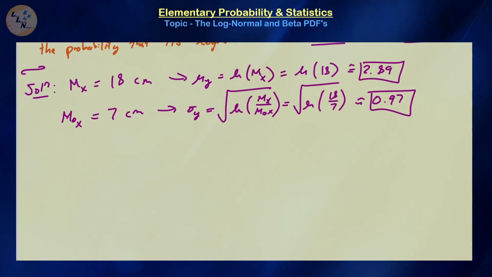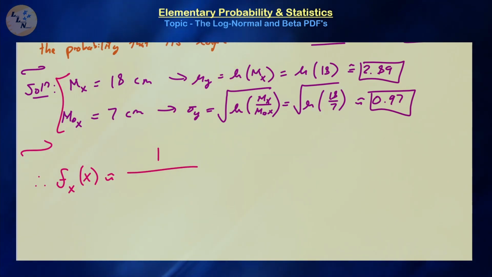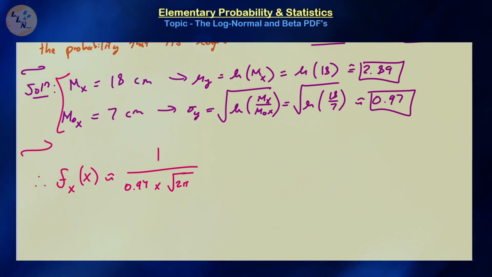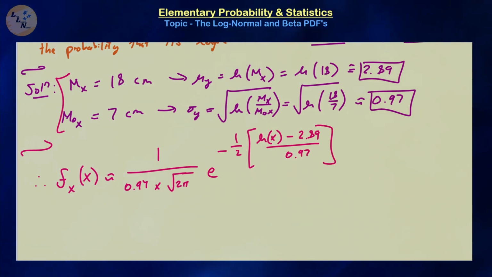If we construct our model, the density function for x is approximately 1 divided by 0.97, that's our sigma y value, times x times the square root of 2 pi, and then e to the minus 1/2, the natural log of x minus mu y, all divided by sigma y, squared.